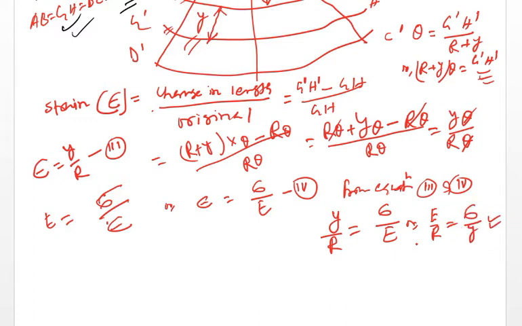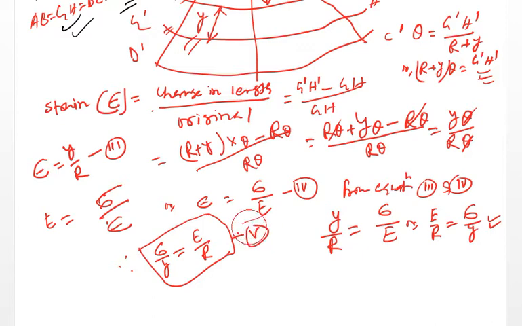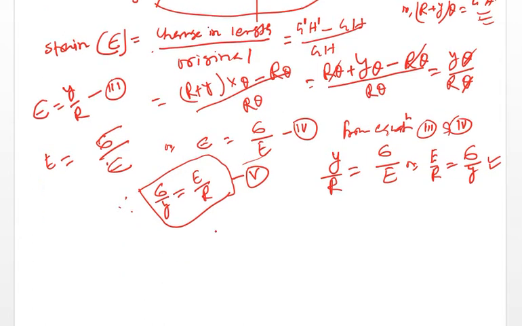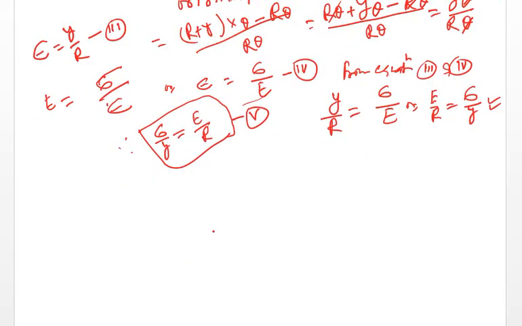So we got the value of half part of the bending equation, that is stress upon y is equal to E upon R. We derived the half part of the equation. Suppose this is equation number 5, correct? Now let's move to the next.